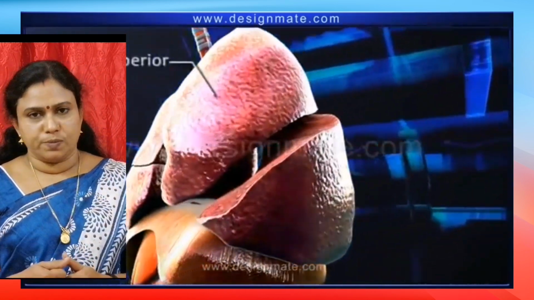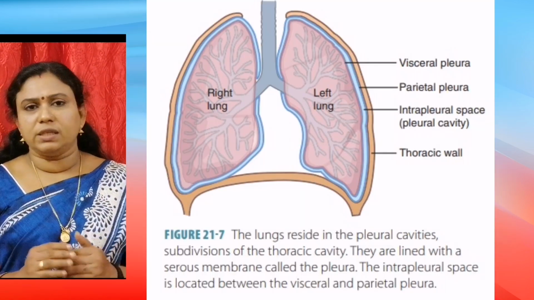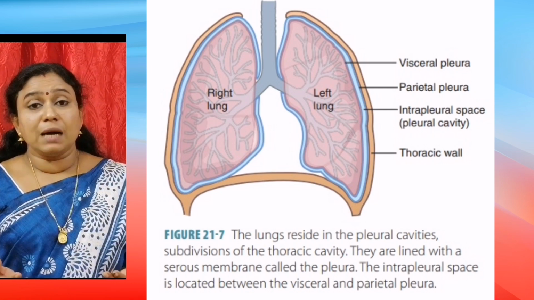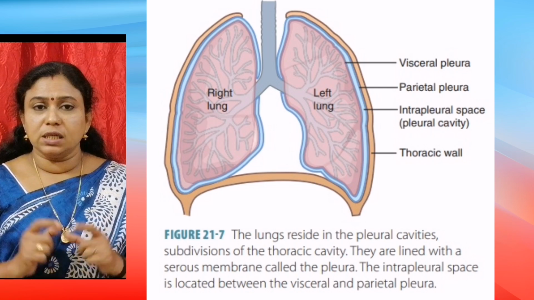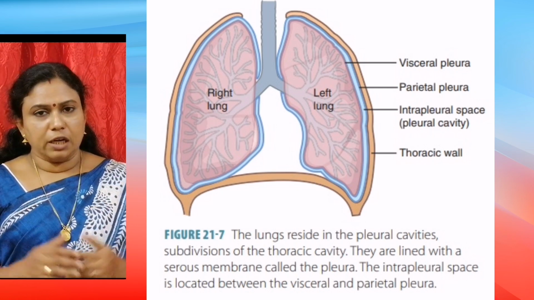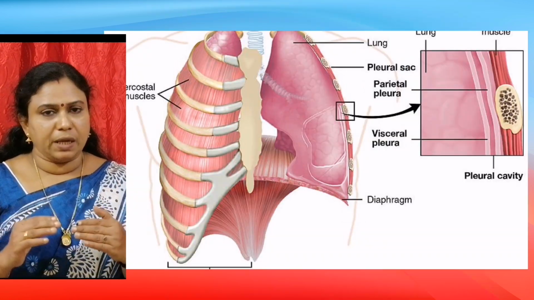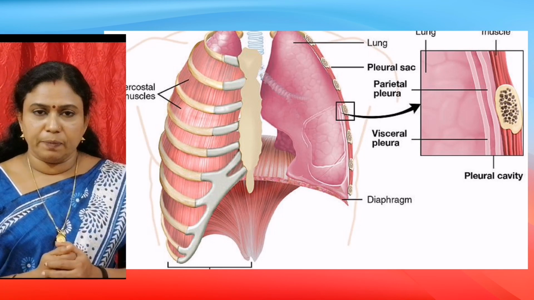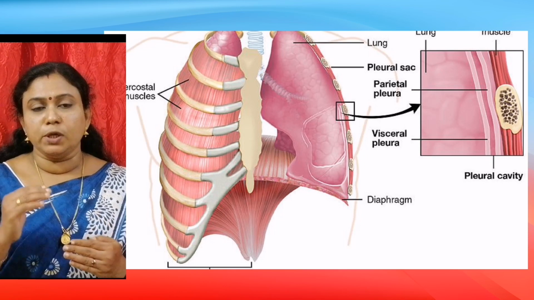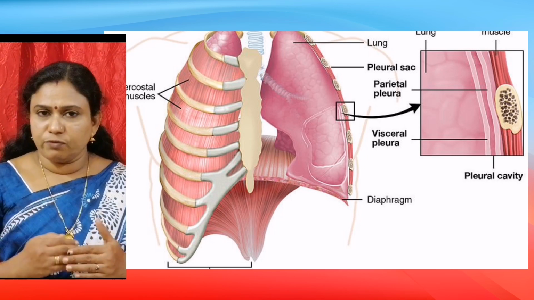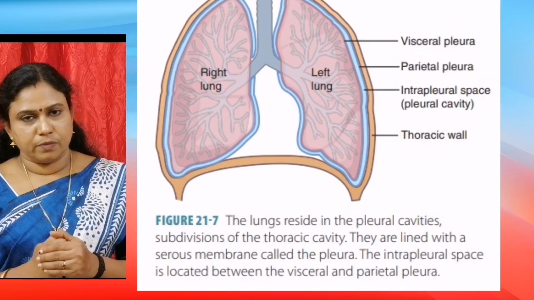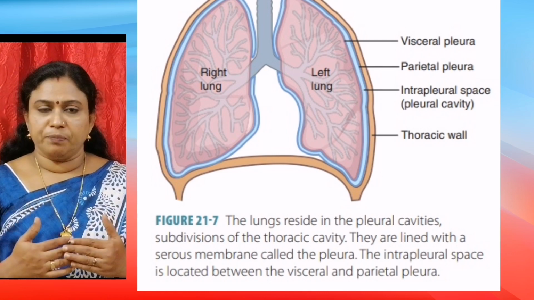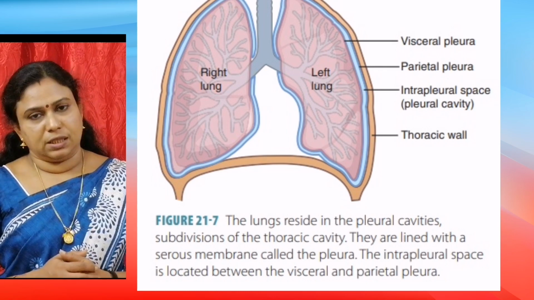As the lungs are very delicate, they are protected inside a double-layered membrane called the pleural membrane. And between this double-layered membrane, there is a cavity called the pleural cavity, which is filled with the pleural fluid. The presence of this pleural fluid provides lubrication and prevents friction during the process of breathing.